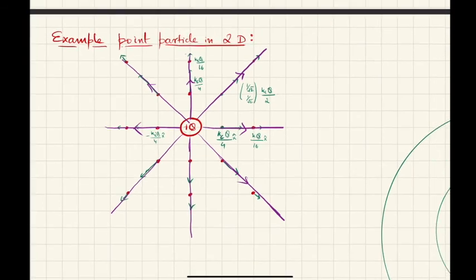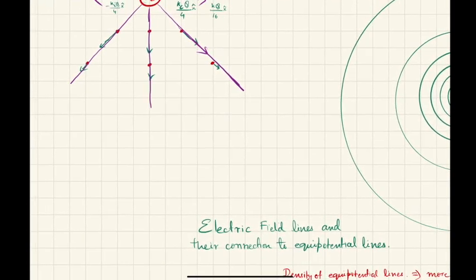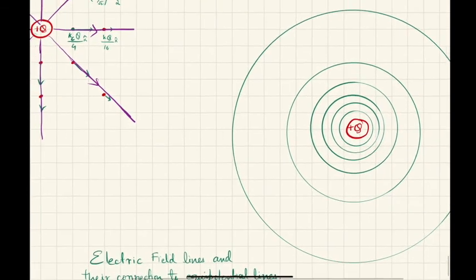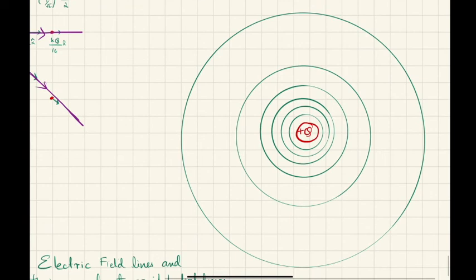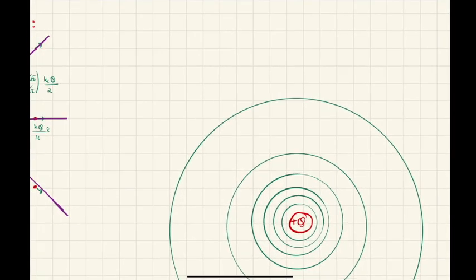So now let's come to the connection. There is a connection between electric field and electric potential, so there must be some relation between the representation of electric field lines and the representation of equipotential lines. If I come to this figure, and you remember what this looks like, these were the equipotential lines that we drew for a single point charge, and really this is a way of representing the shape of a mountain as concentric circles like that.